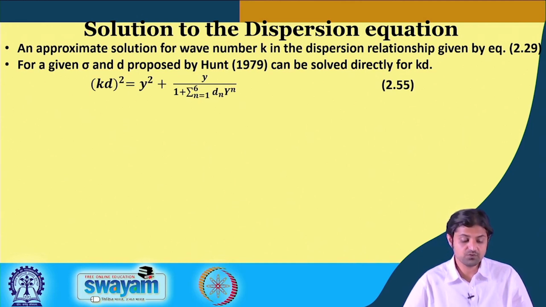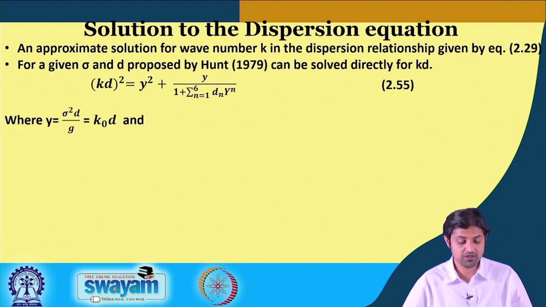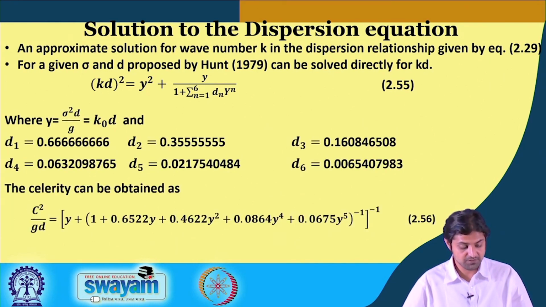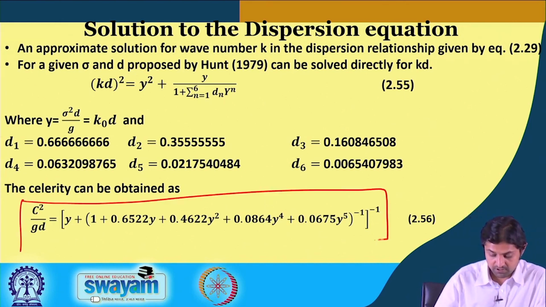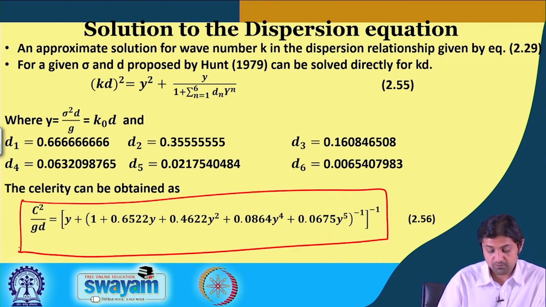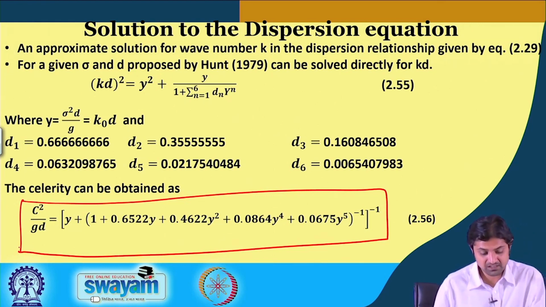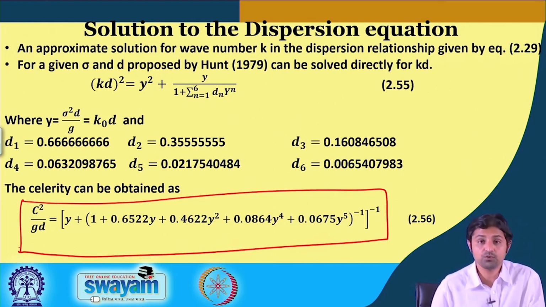He said kd square is equal to y square plus y divided by 1 plus the sum for n from 1 to 6 of dn yn, and this final equation can be used in MATLAB or Excel to determine kd for different y's. So if you can put it in a computer code using MATLAB or Excel, there's no need for iteration or any other method. So this is just for information purposes.